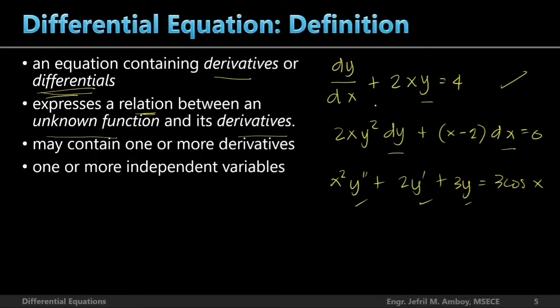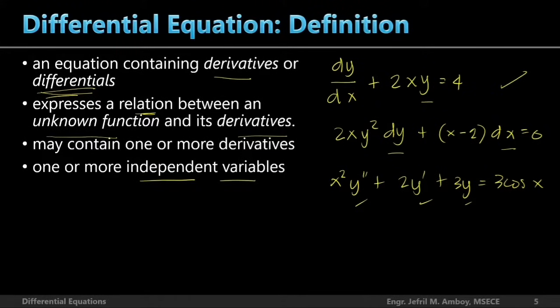Okay? And because we are talking about independent variables, we can actually classify differential equations into two. Any differential equation can be classified into two. What is the basis of classification? The basis is the number of independent variables. Okay, so what are these classifications?